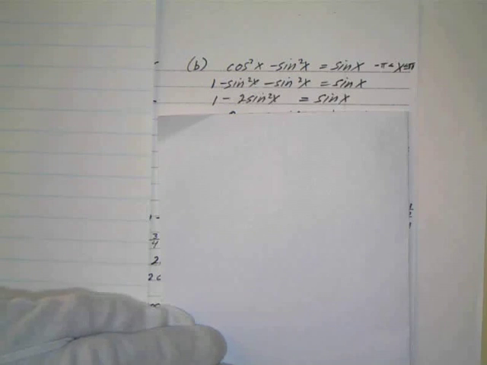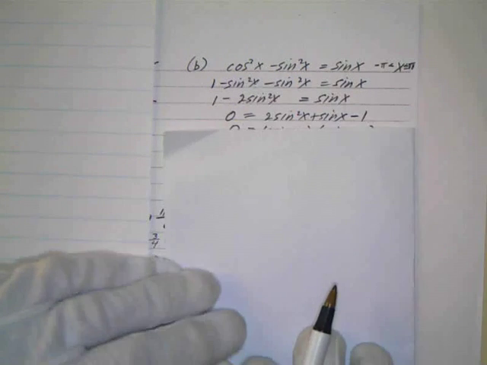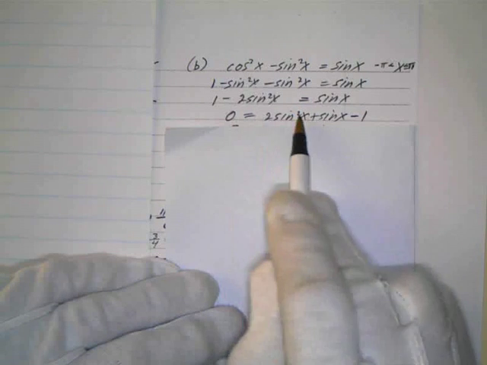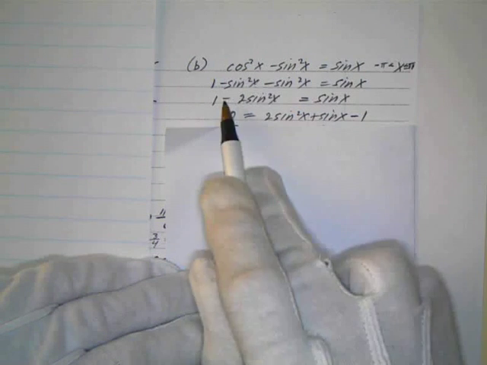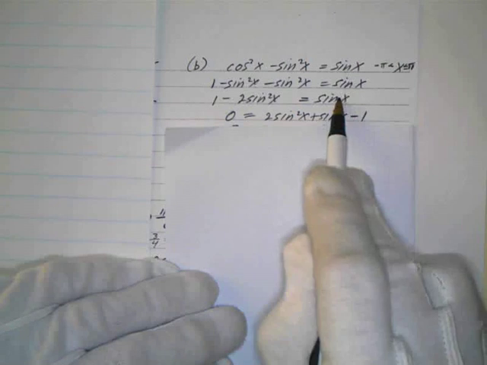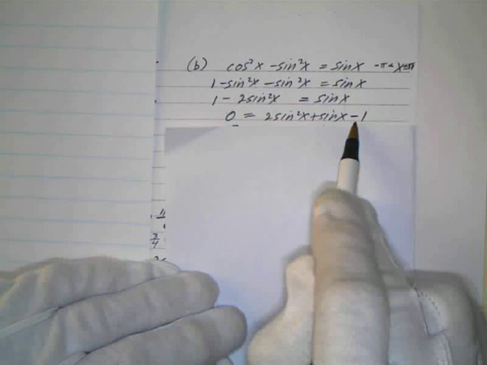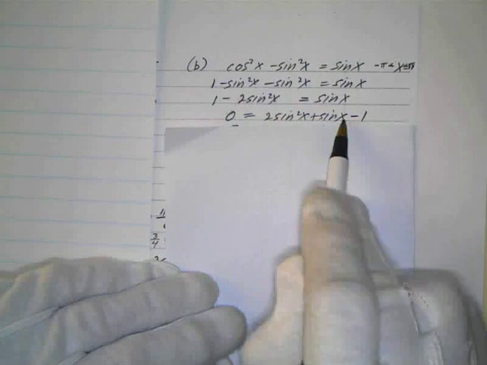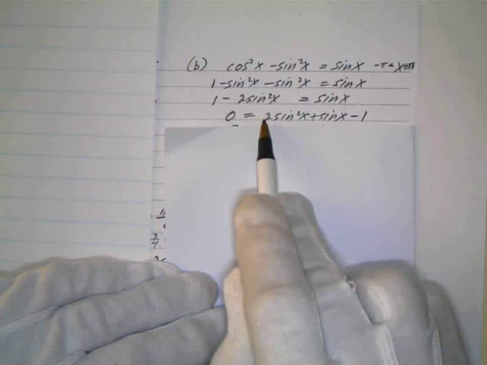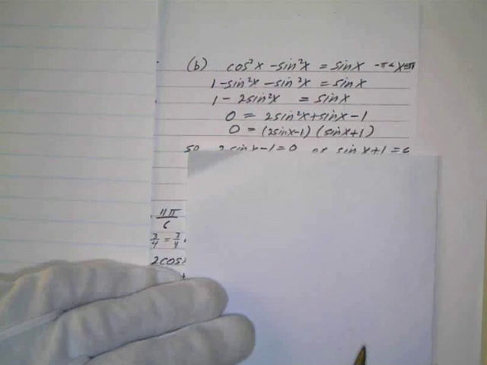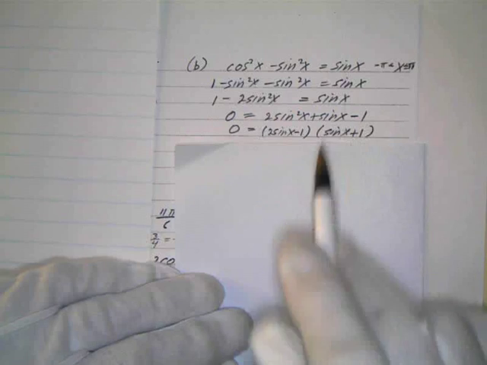Okay. And then I added the 2 sine squared of x, and I subtracted 1, and kept that positive. And notice I've got a trinomial here in sine x. It's like 2x squared plus x minus 1. So we can factor that.